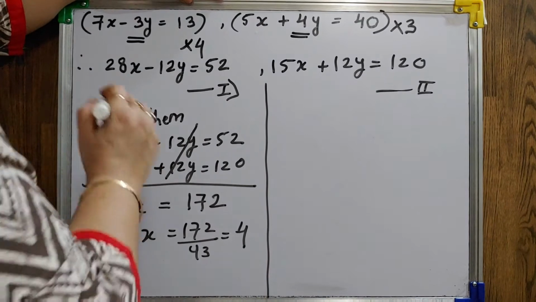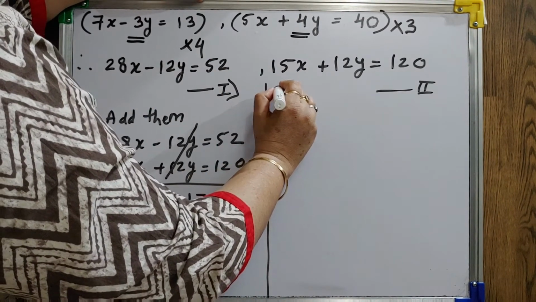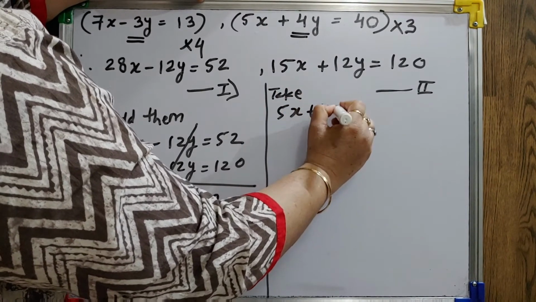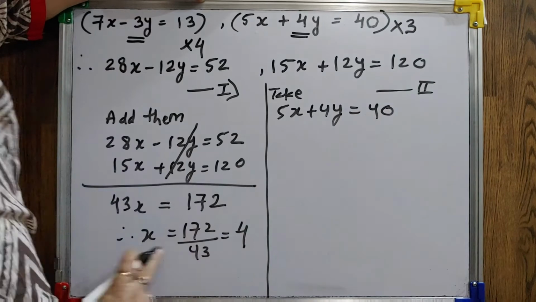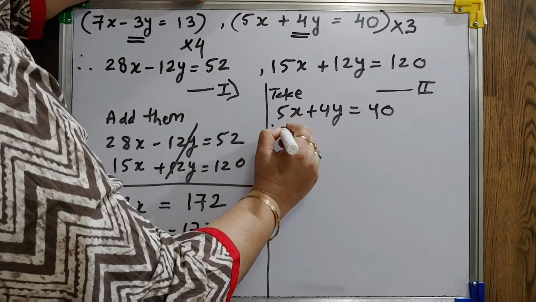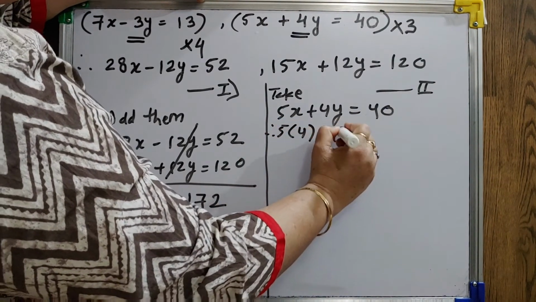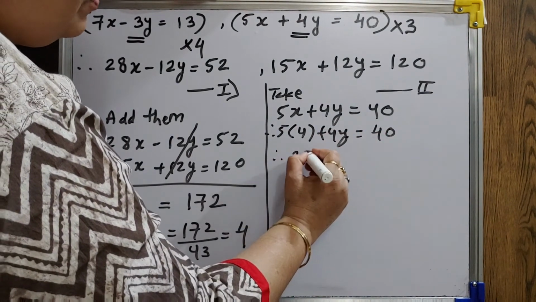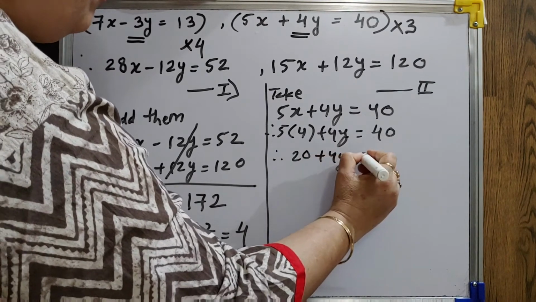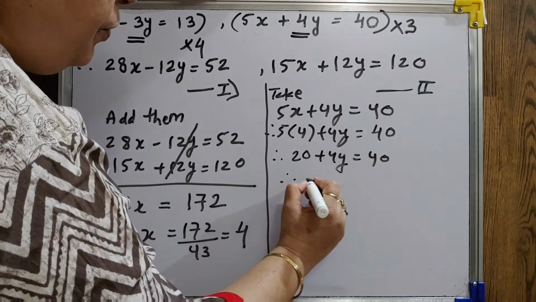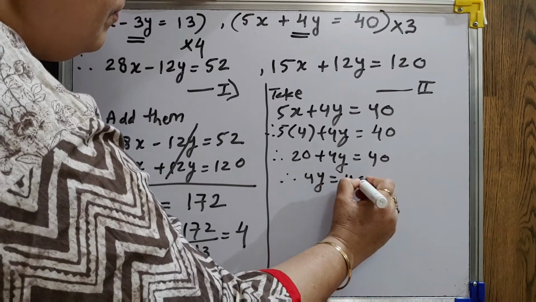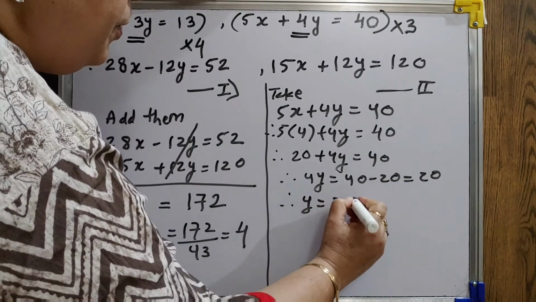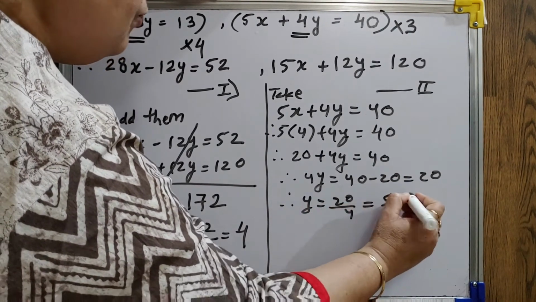Now as we did before, take an equation. Suppose now I am taking the second equation. Substitute the value of x as 4. Now transfer 20 that side. This will give you 20. So y will be 20 divided by 4, that is 5.